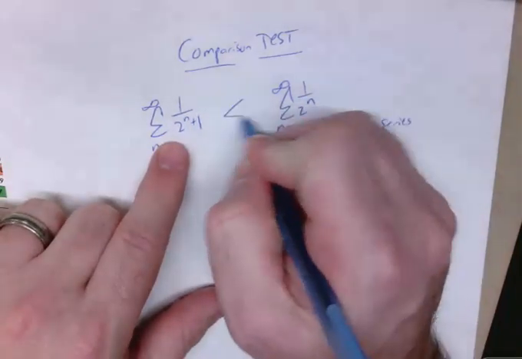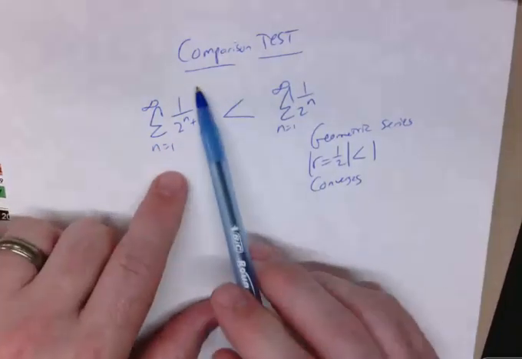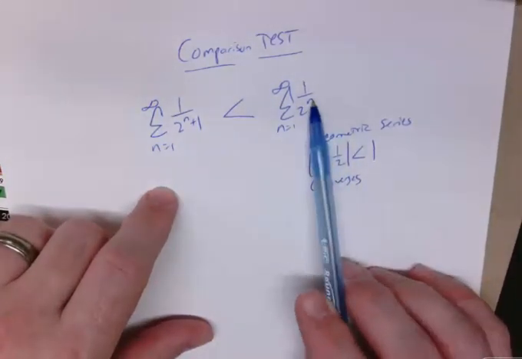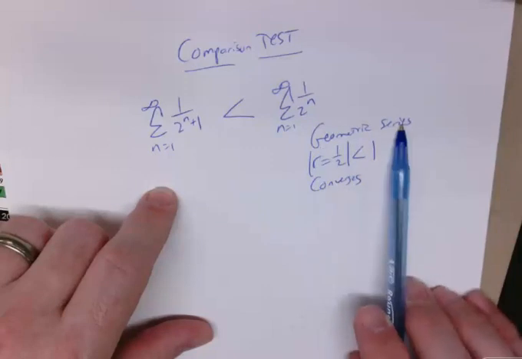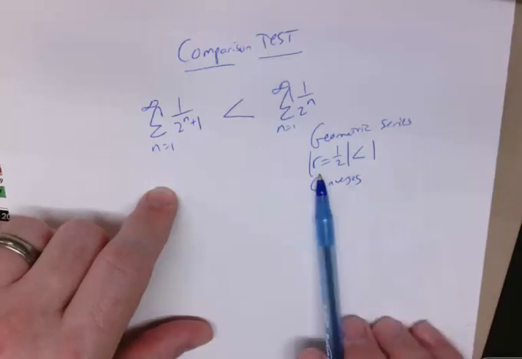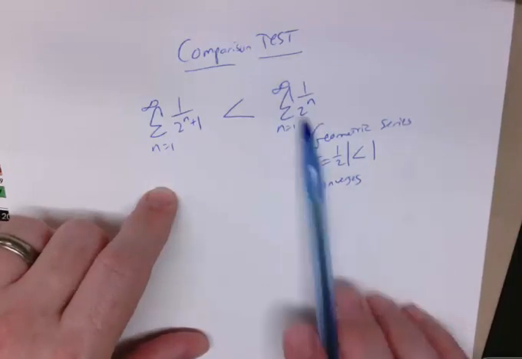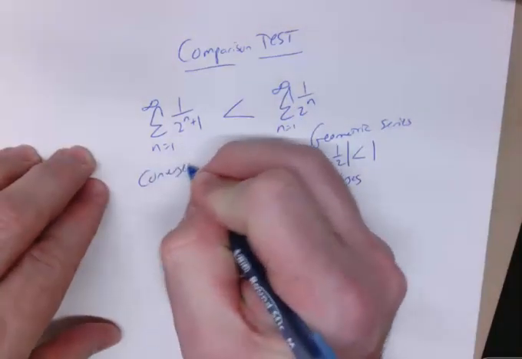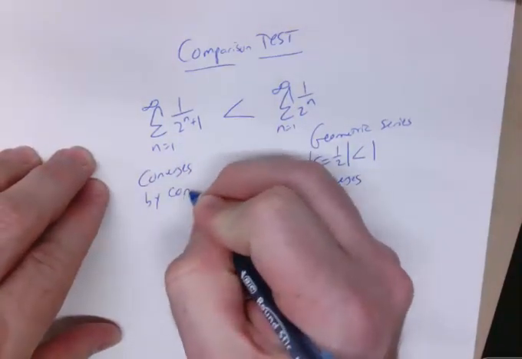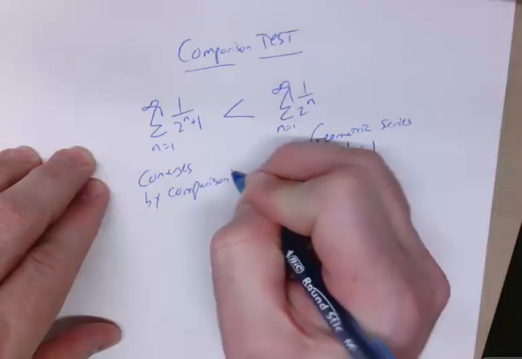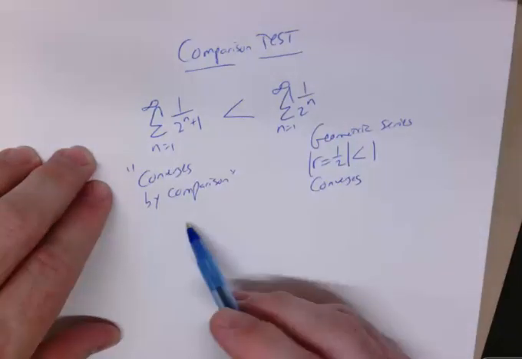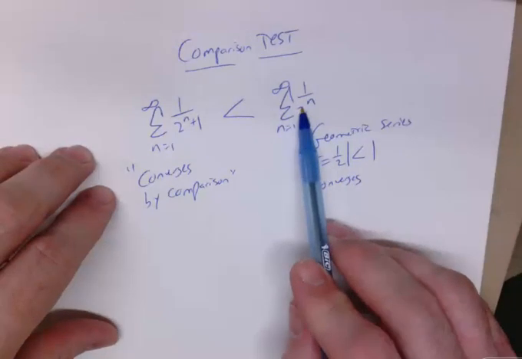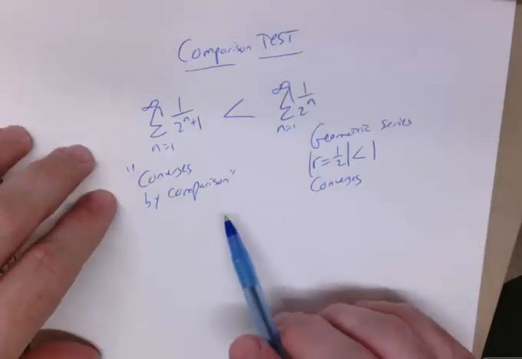So the comparing works out to be that this series is actually smaller than that series, and the series over here we know converges because it's geometric with a common ratio less than 1, between -1 and 1. Therefore, this series converges, and we just simply say by comparison, or by the comparison test, by direct comparison, and it's with this series here. So that's the main idea for a comparison test.